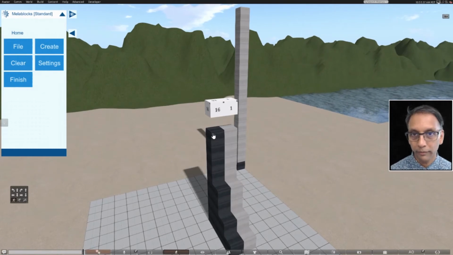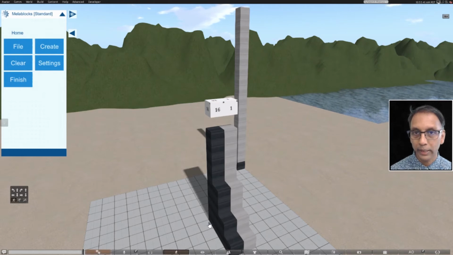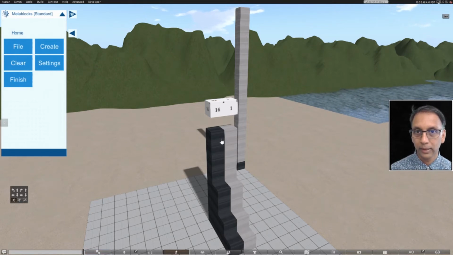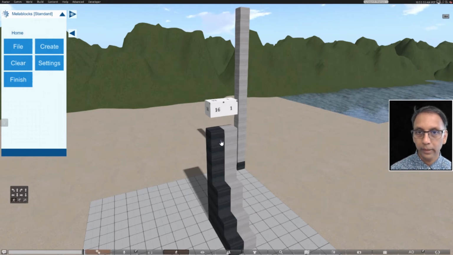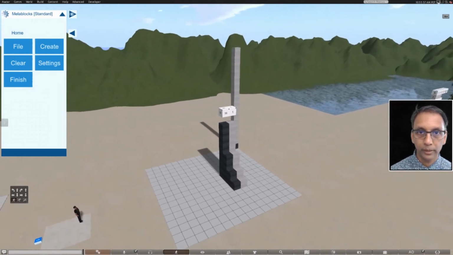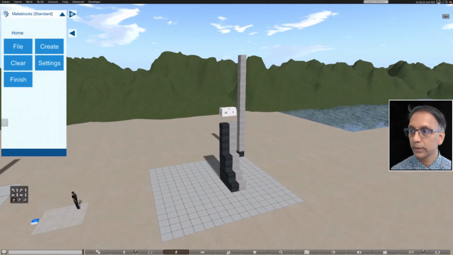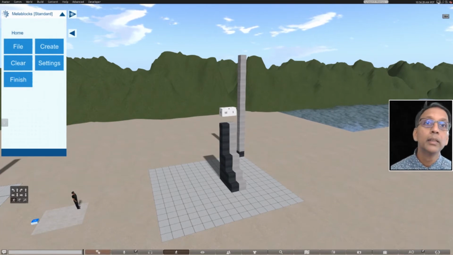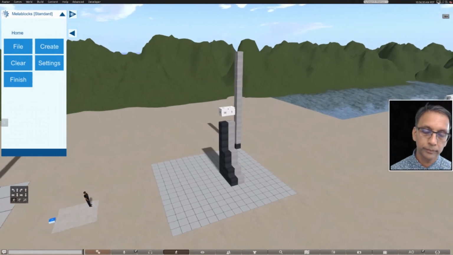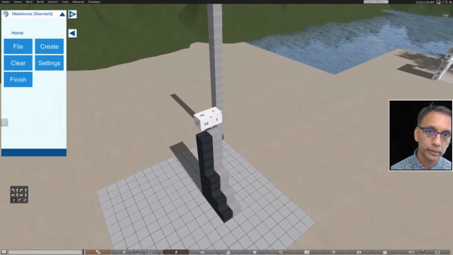When you have a stack of 16 black cubes, if you were to use the white cubes, it would have been 16 times 16, and this column here would have been very, very high indeed. And we know 16 times 16 is 256.